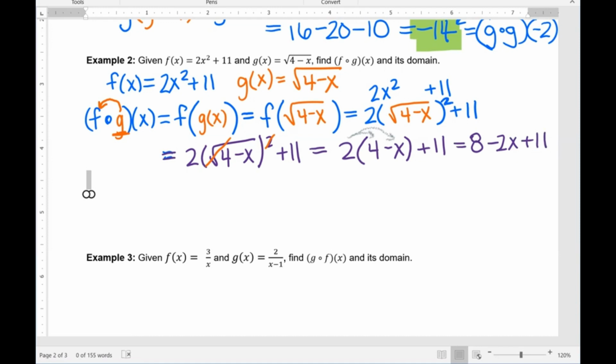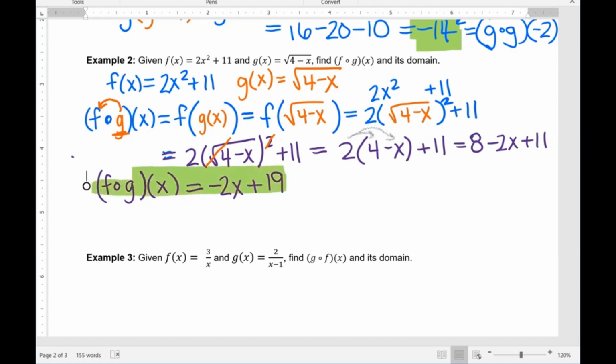And if we simplify by combining our like terms, we find f composed with g of x is equal to negative 2x plus 19. You could have 19 minus 2x, that's fine. This is just preference for me that I always put in descending order. So we have f composed with g of x.